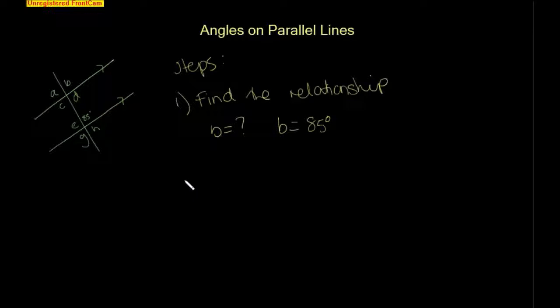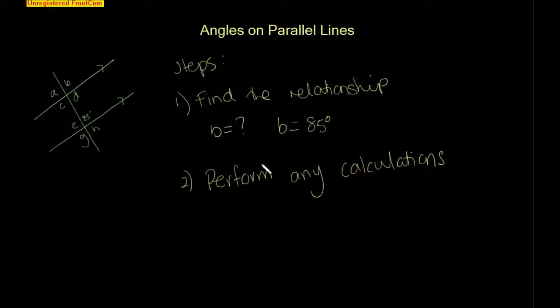The second step, so once you've found the relationship, is to perform any calculations. Now we didn't have to for B, but say we wanted to find D. Okay, so what's the relationship between our known and D?